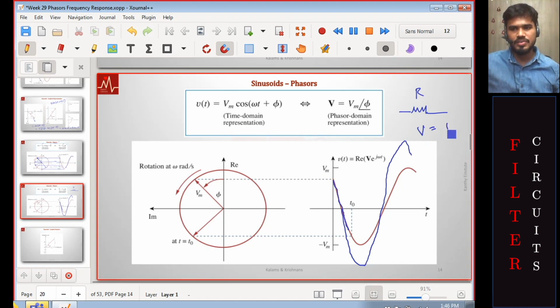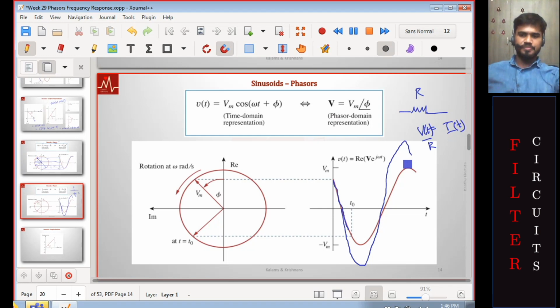So current is a scaled version of voltage. Give me V of t, voltage at any time, and I get current at any time. The problem is very, very simple if you're dealing with resistors. The current will look like a scaled version based on the value of R. This will be either higher or lower, but the function will essentially look the same.